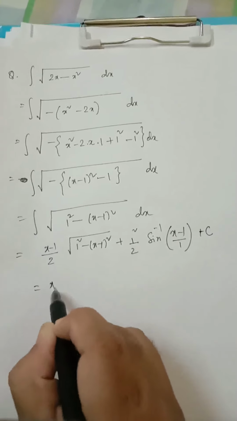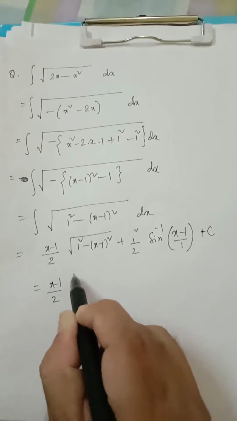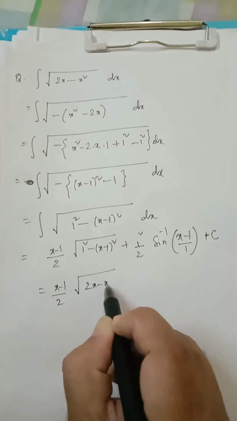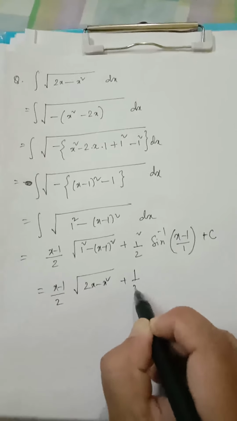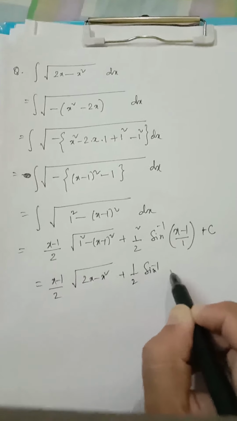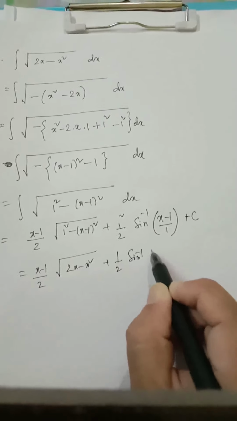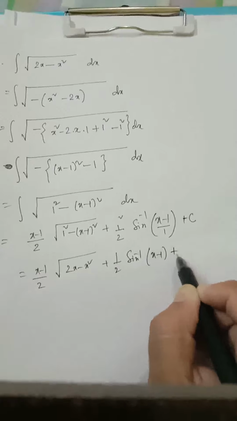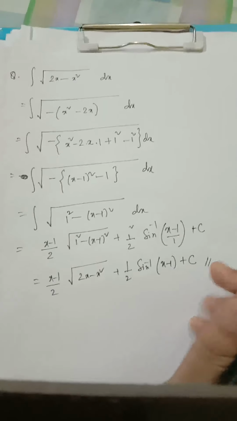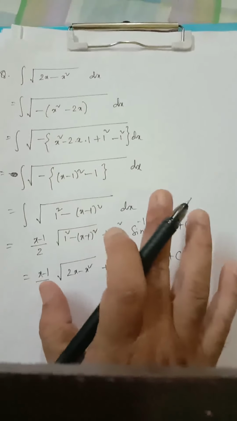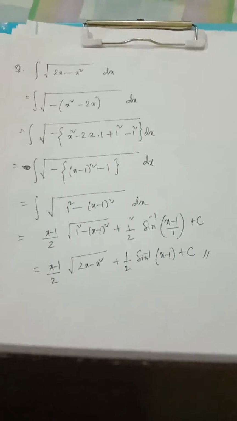So it will be x minus 1 by 2 root over 2x minus x square plus half sine inverse of x minus 1 plus c. Okay, so in this way we integrate such type of integral.